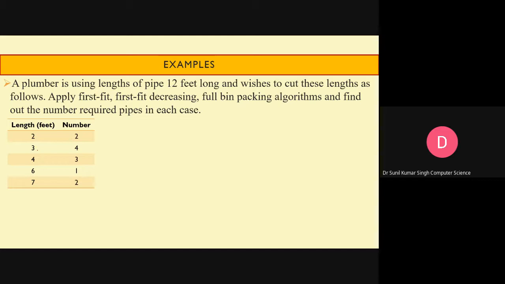Two. How many 3 length pipes are required? Four. And 4 length pipes are required? Three. Similarly, 6 length pipe is required? One. 7 length pipe is required? Two. Now apply the first fit, first fit decreasing, and full bin packing algorithms and find out the number of required pipes in each case.